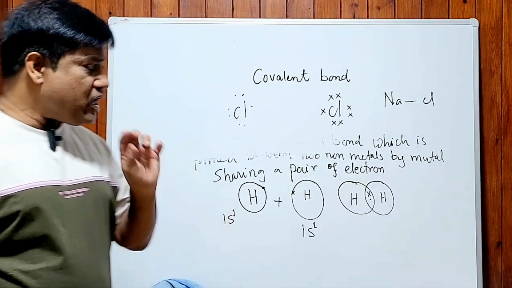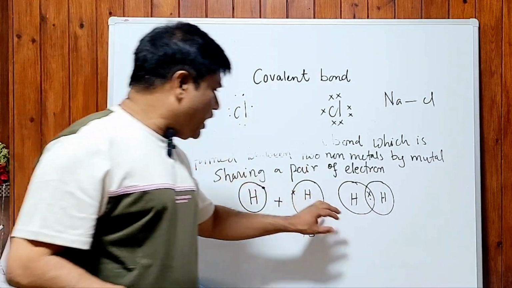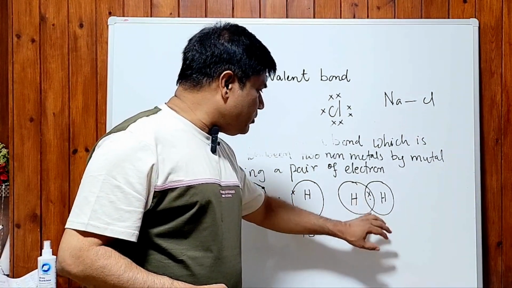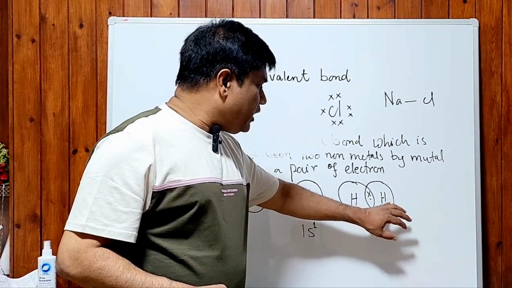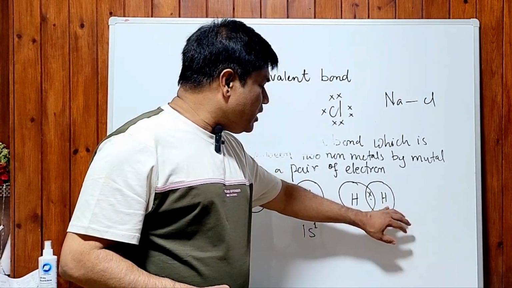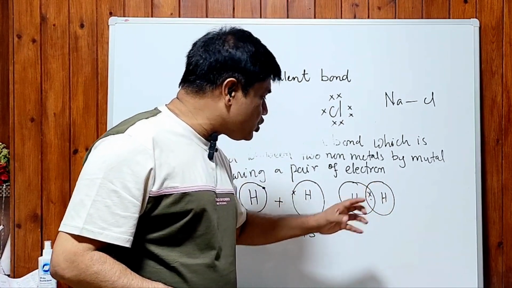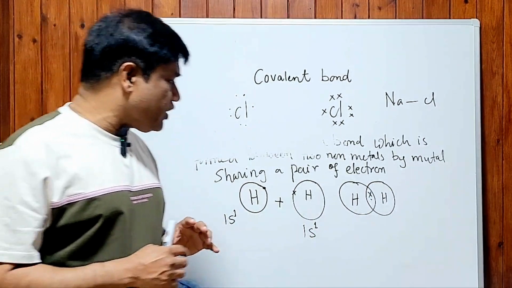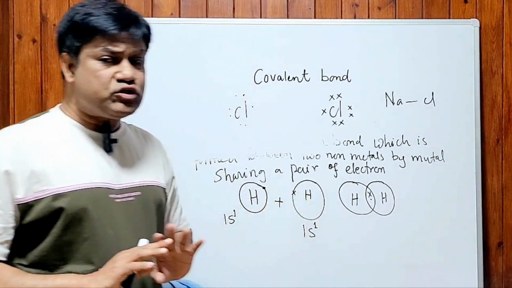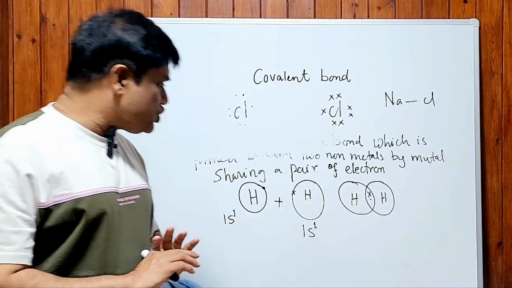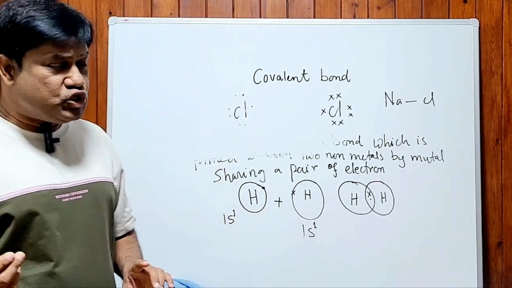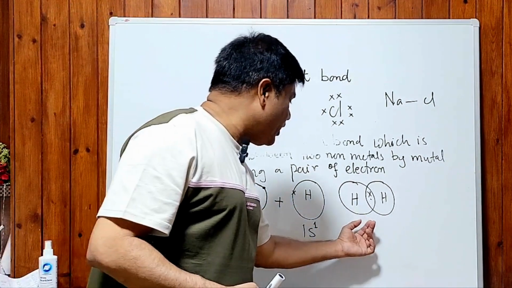Yes, hydrogen, when it makes a molecule, gets stability by having 2 electrons in the outermost shell. It can't share 8. Hydrogen has no ability to share 7 electrons. It can only share 1 because it needs 1 more.